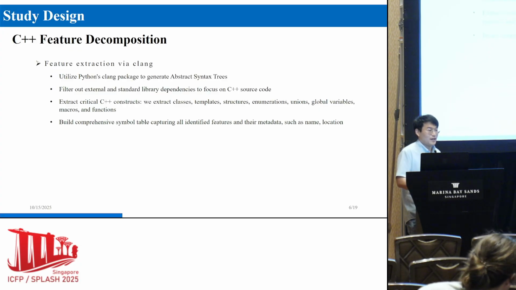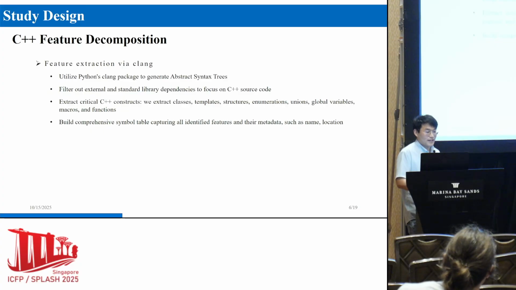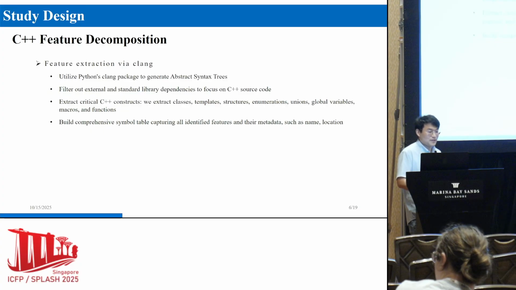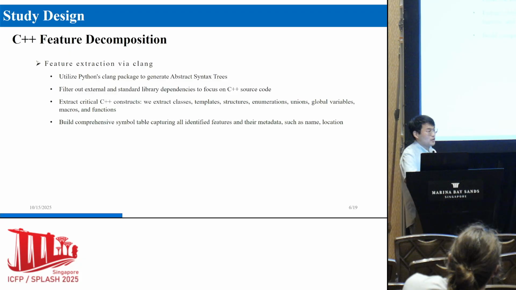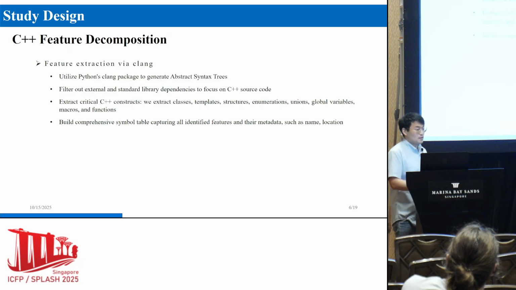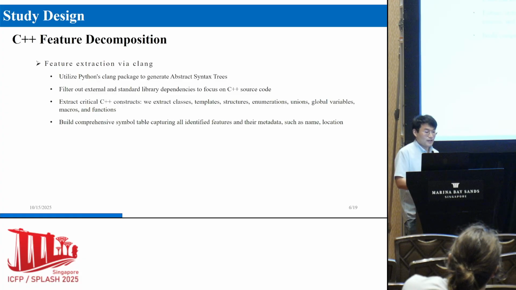Next, we go through the steps in detail. The first is C++ feature decomposition. We use Tree-sitter to parse the whole C++ code, and we extract the independent translation units.